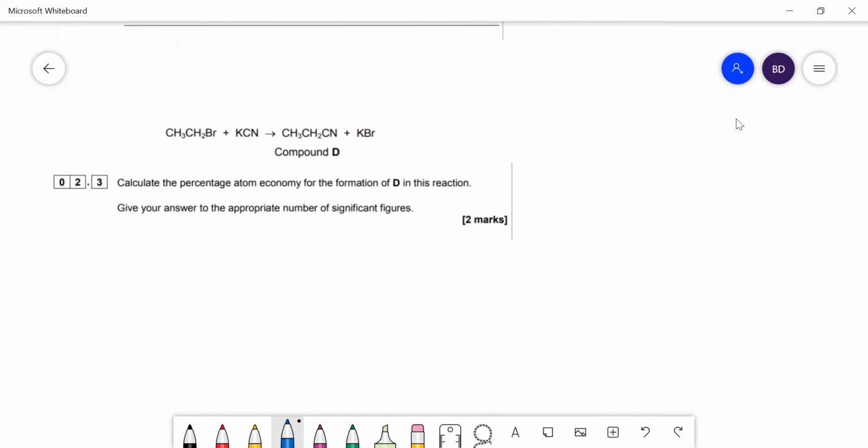For atom economy, we just need to remember, sorry, not percentage yield, atom economy is equal to the mass of the useful product over the total mass of the products, all the products.